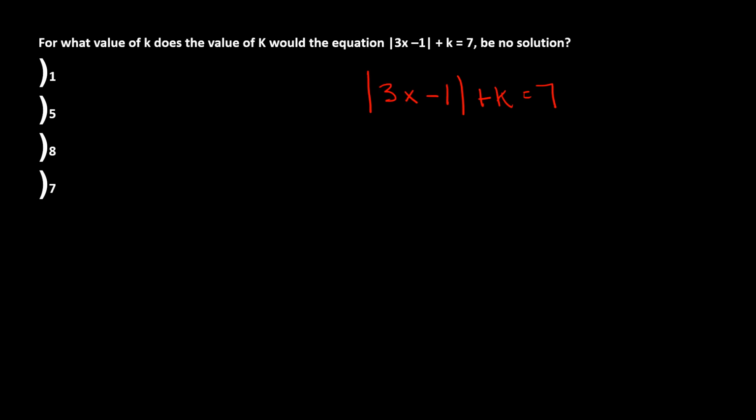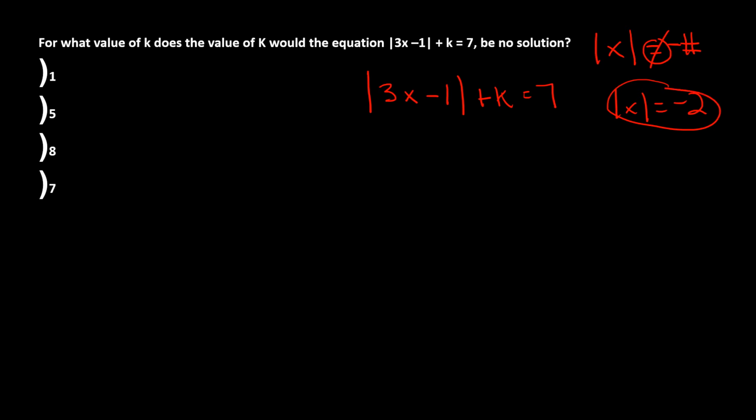We can never get the absolute value of a negative number. This cannot happen. Like, I can never say, what is x going to be to give me negative 2? Nothing. We can never get negative 2 because whatever the value is for x, the absolute value will always be positive.